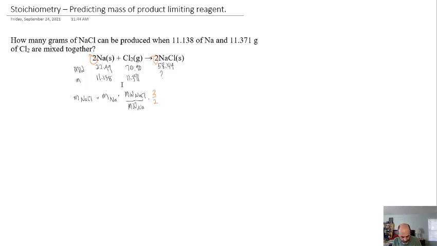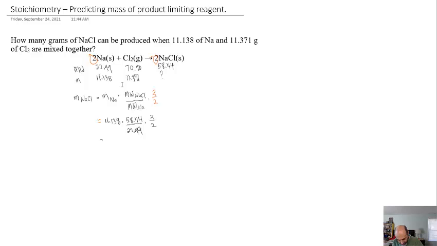Now, of course, we're ready to put numbers in. So we look up the mass of sodium, which is 11.138. The molecular weight for sodium chloride, 58.44, divided by 22.99 times 2 over 2.